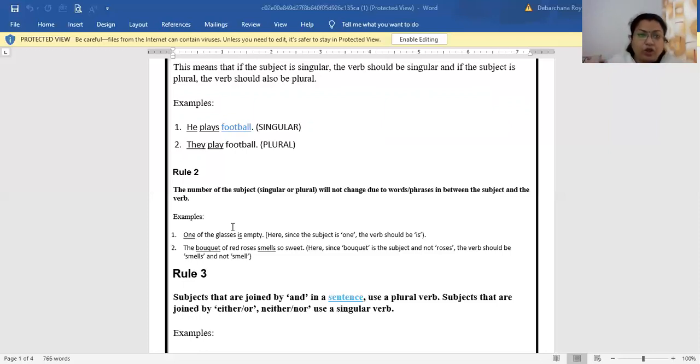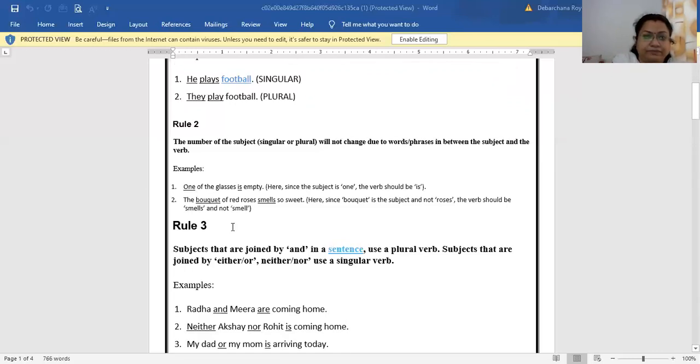The bouquet of red roses smells so sweet. The bouquet is one. What is one? A bunch of flowers which smells so sweet. Okay. So this rule also we have done.